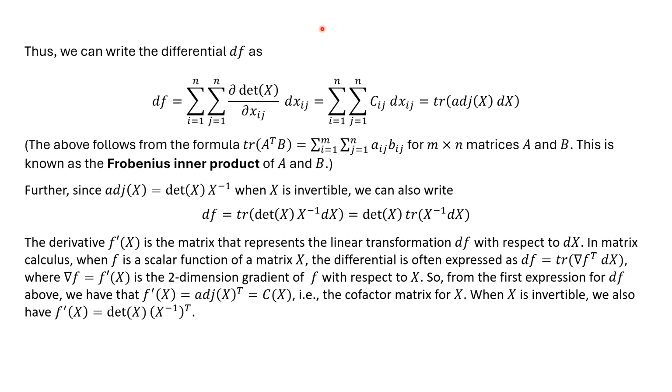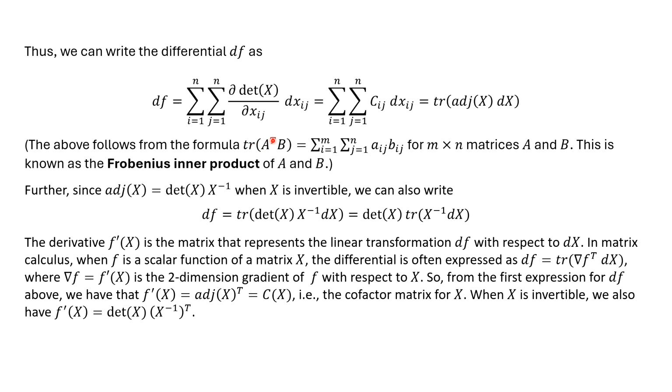So carrying over from the previous slide, we had this equation, and then we found what this was, the ij cofactor, so I plugged that in here. And then conveniently, this can be written as the trace of the adjugate of x times dx. Going from here to here comes from this formula, which I think I mentioned in a previous lesson from the last series, but I'll mention it here again.